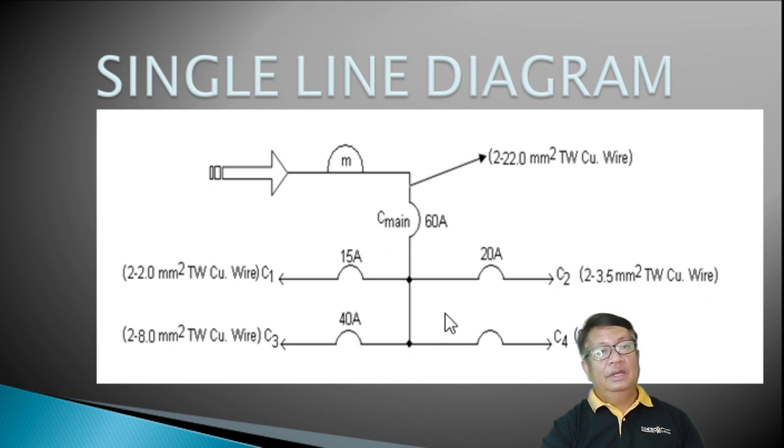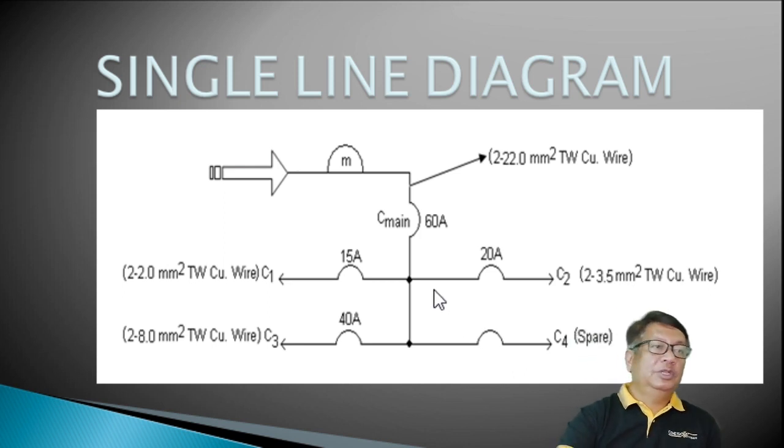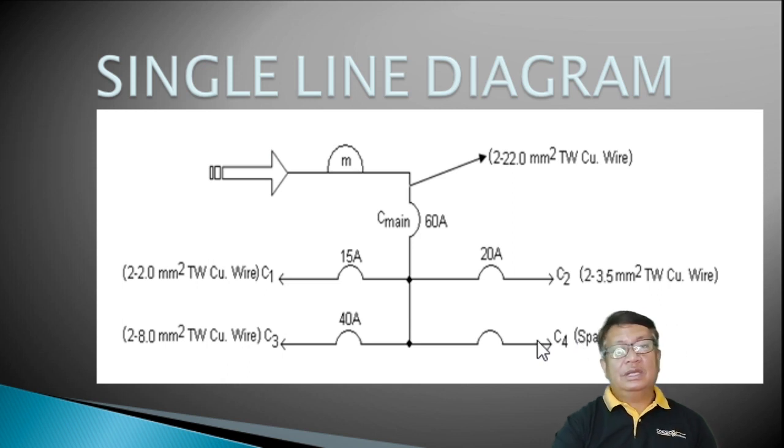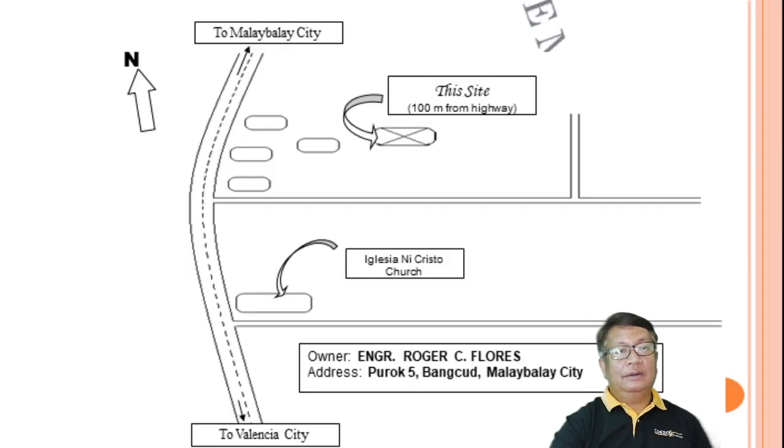So we have another one here, which is your spare. Do not forget to have this spare. Why? Because according to the Philippine Electrical Code, every time you have an electrical circuit installation, you must assign at least one spare. So your spare doesn't have any rating here.